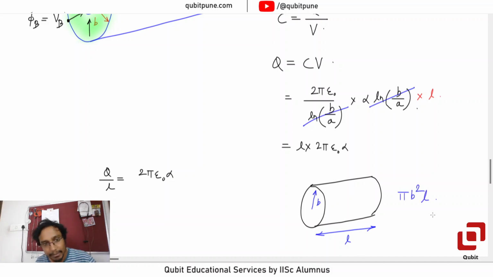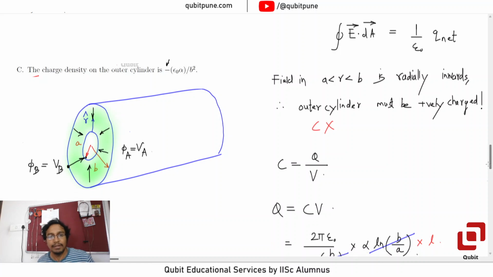Pi b square L, correct. तो अभी हम लोगों को इसको एरिया से डिवाइड करना पड़ेगा, है ना, दैट मीन्स पाई बी स्क्वायर. So what will be the answer? Pi will go. 2 epsilon naught alpha by b squared.